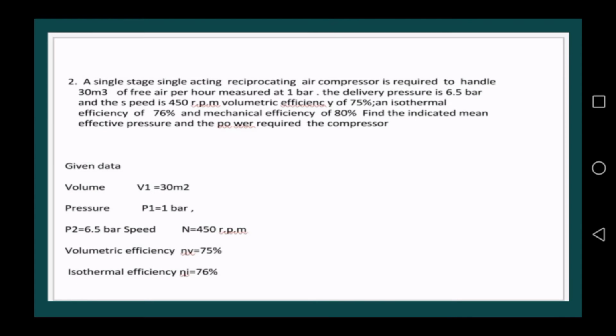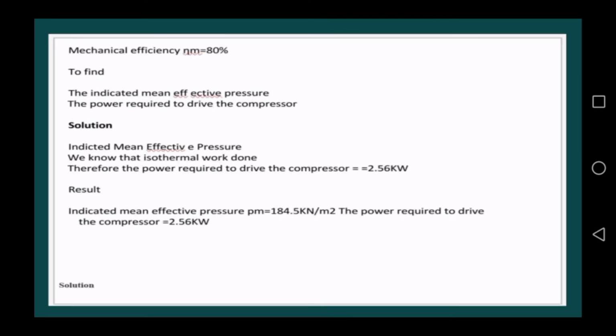Volumetric efficiency is equal to ηv, 75%. Isothermal efficiency ηi is equal to 76%. And mechanical efficiency ηm is equal to 80%. To find the indicated mean effective pressure and the power required to drive the compressor.